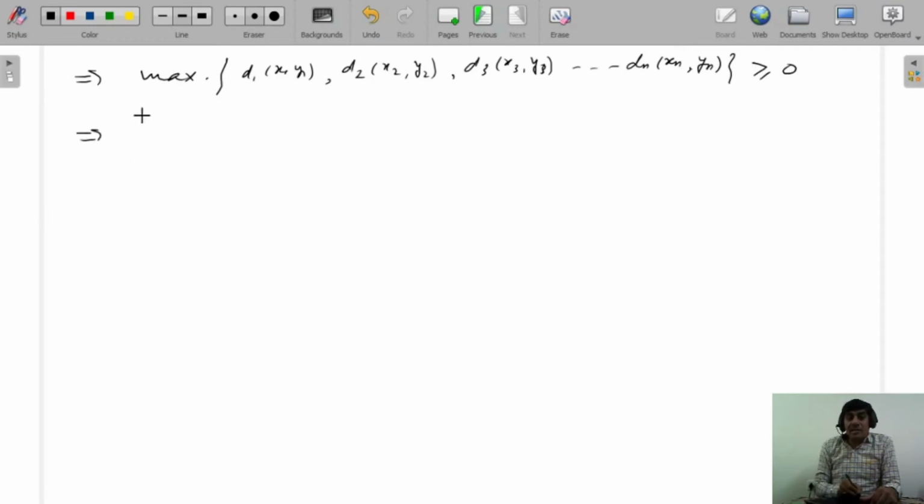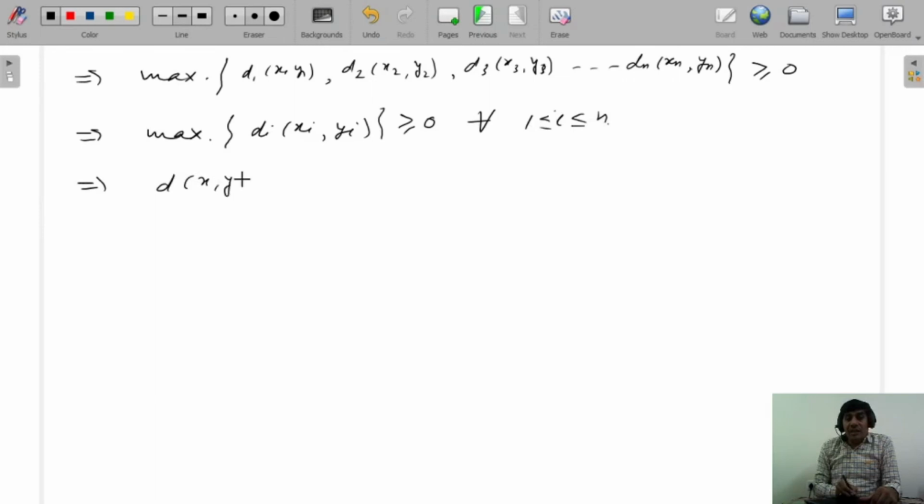This implies maximum of di(xi, yi) is greater than or equal to 0 for every i varies from 1 to n. This implies dxy is greater than or equal to 0 for every x, y belongs to capital X. So first property is satisfied.